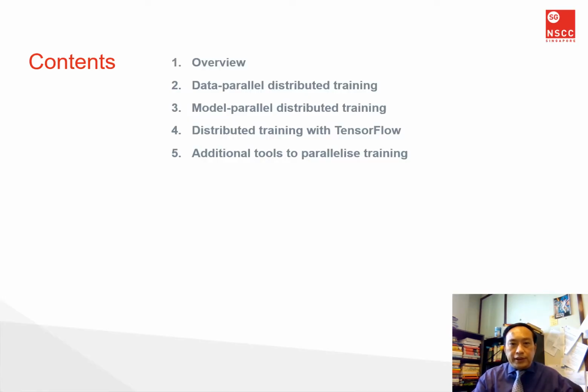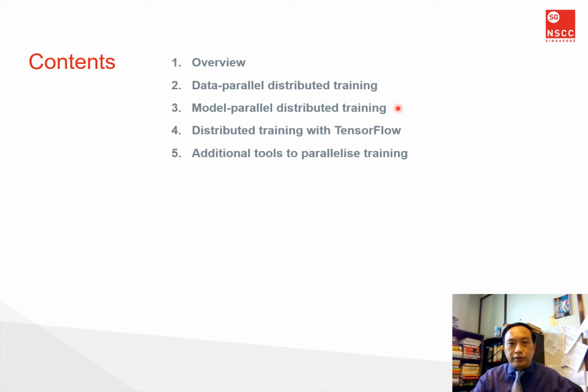So the topics that we'll be going through are the following. We'll first be going through the overview, which is the main content for this section. Then we'll be talking about different kinds of distributed deep learning. First, what we call the data parallel distributed learning.